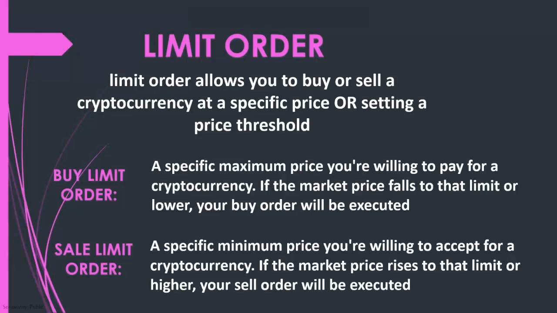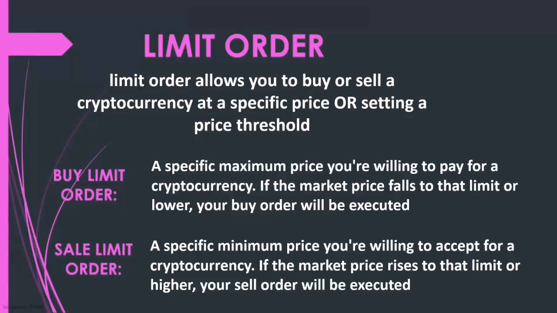Now, how does this work? Let's assume that the price of Bitcoin is $10, and you set your limit order at $7. You are telling the market, I don't want to buy this Bitcoin at this amount.